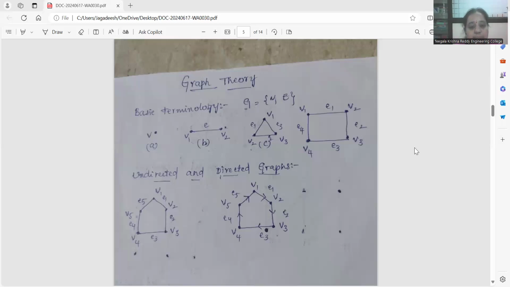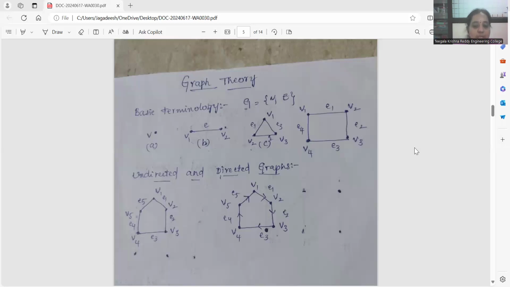Now from figure B, we have a graph with 2 end vertices, V1 and V2, which are joined with the edge E. So here, the 2 vertices are connected with the edge E. Now coming to graph C, here we have 3 vertices, which is closed with 3 edges. 3 vertices with 3 edges. And the last figure, 4 vertices with 4 edges.